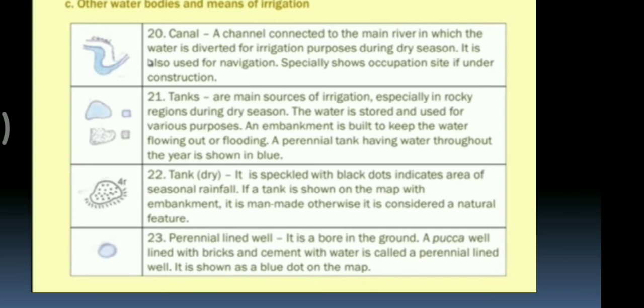If it is perennial, then show it with blue color. If it is not perennial, then it is demarcated with black dots. And for a dry tank, we have a structure like this. If seasonal rainfall fills it with water, then you can easily show it with many blue dots outside the surface.